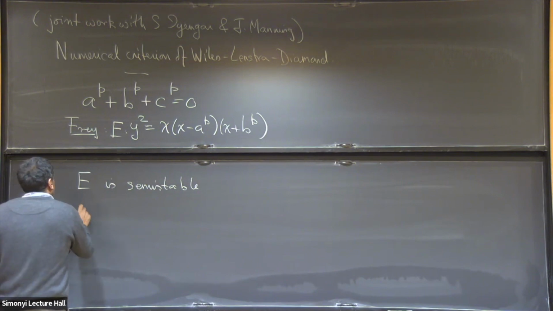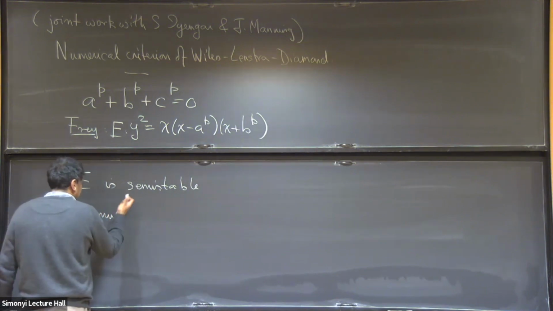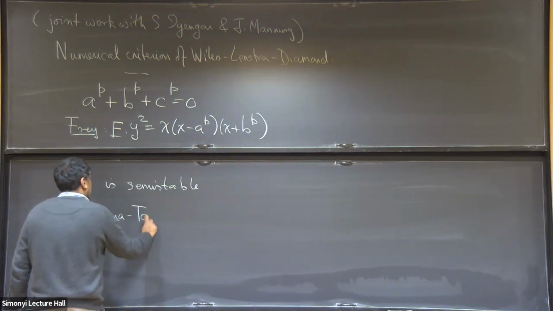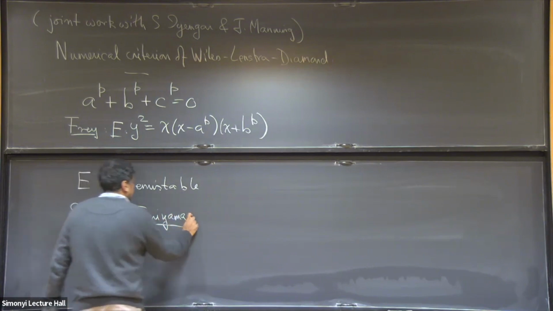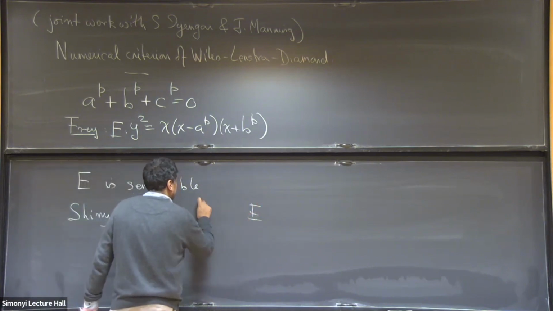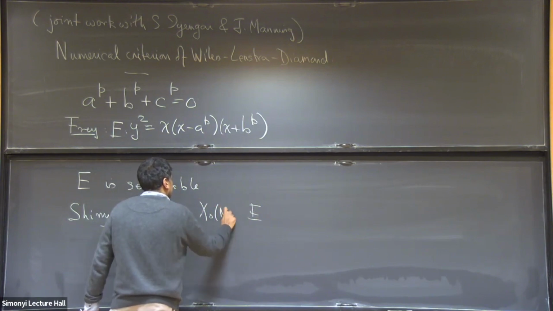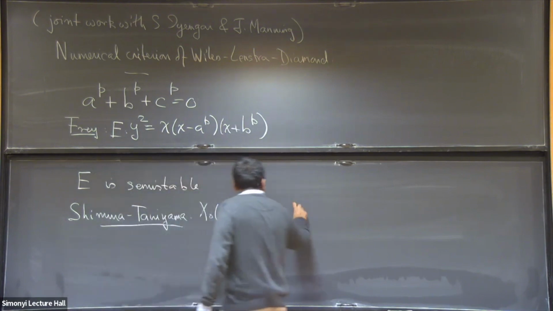And so the Shimura-Taniyama conjecture, or the modularity conjecture, is that this elliptic curve E should be covered by modular X_0(N), where N is the conductor of the elliptic curve.